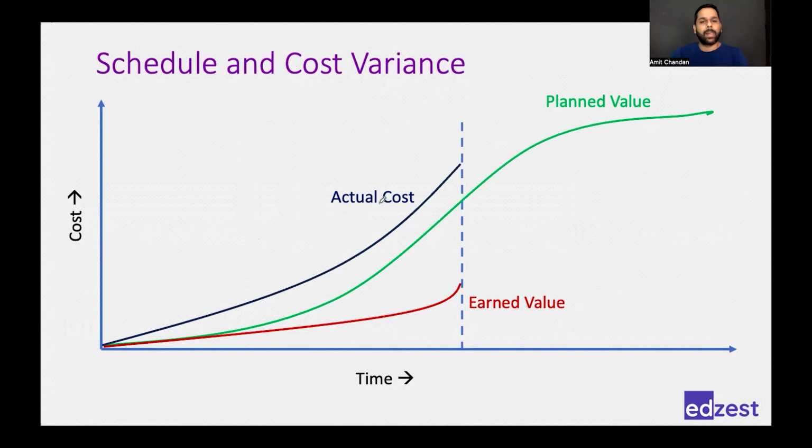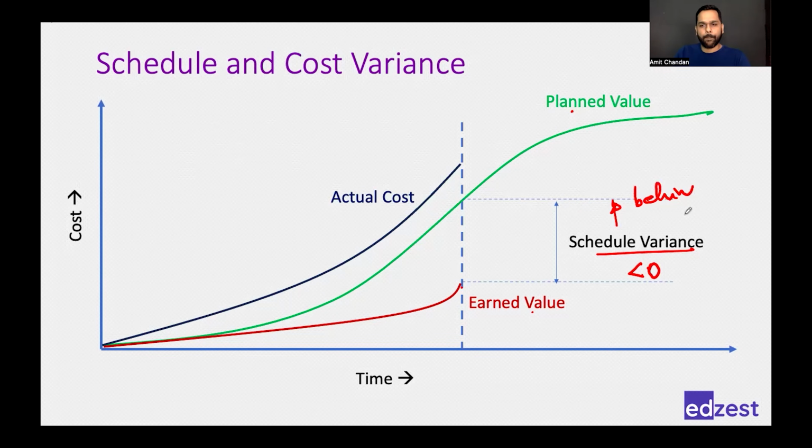Okay, let us have a look at the chart. We have already seen it. Earned value compared to planned value, I will get my schedule variance. Because my earned value is less, the schedule variance will be less than 0. That's why we said poor performance or behind schedule. My actual cost is above, my earned value is below.